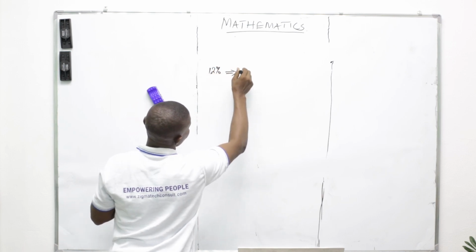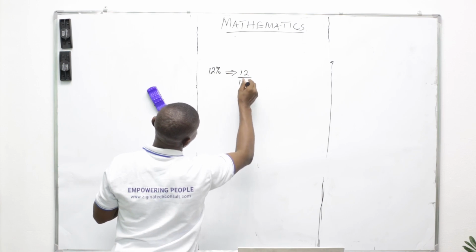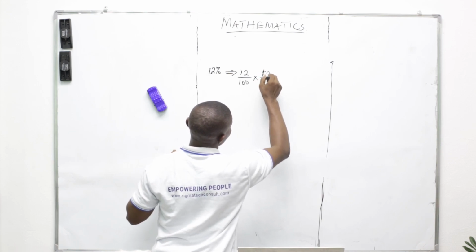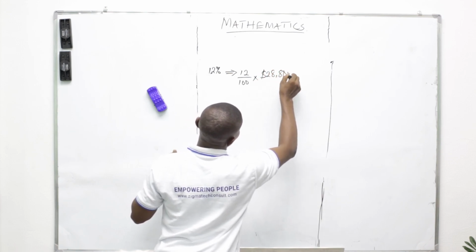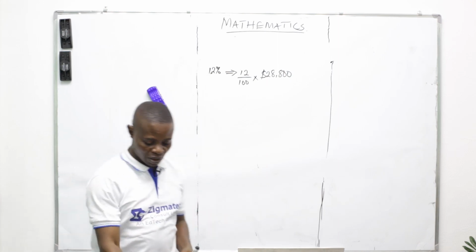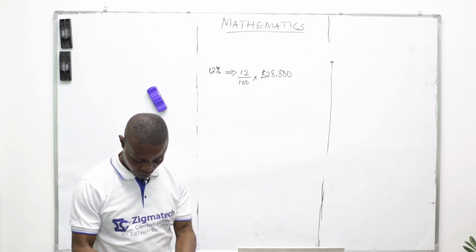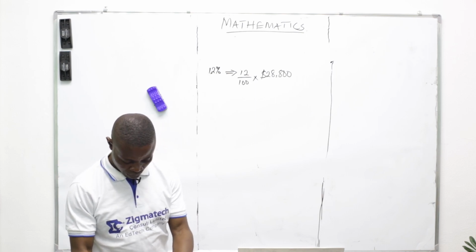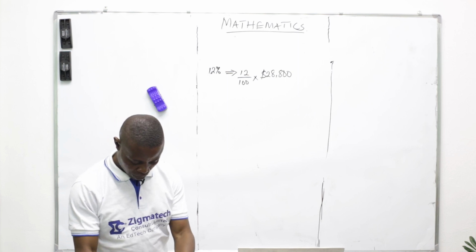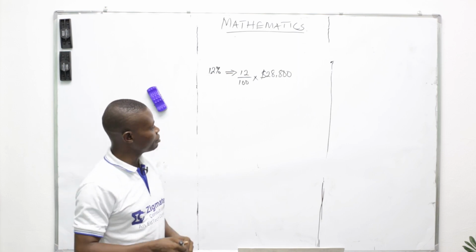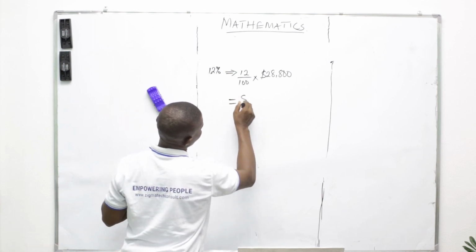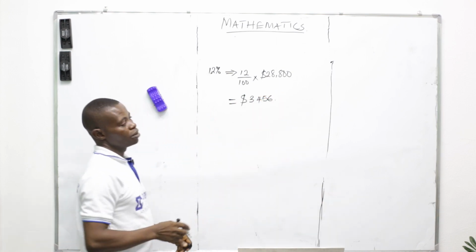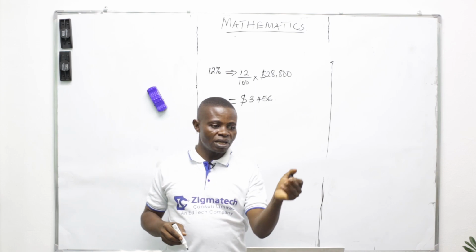12% implies 12 all over 100. Then multiply by $28,800. Let's multiply. To give us $3,456. But the question says monthly tax.